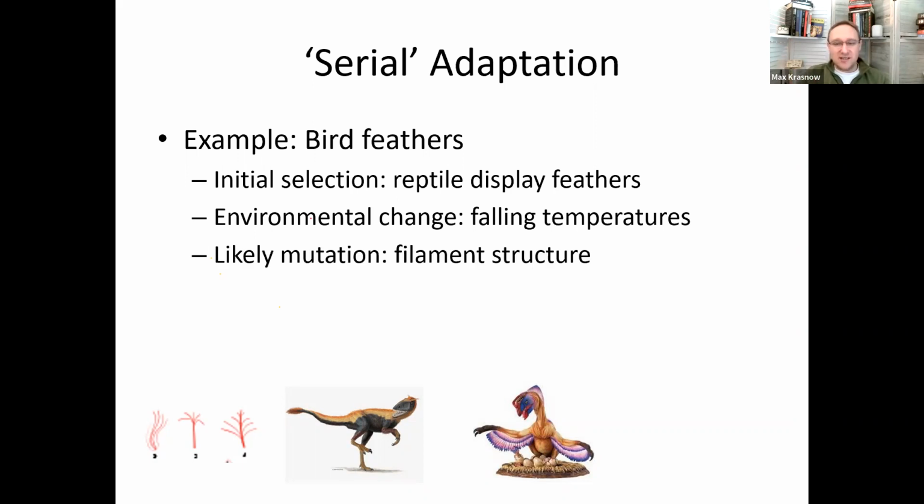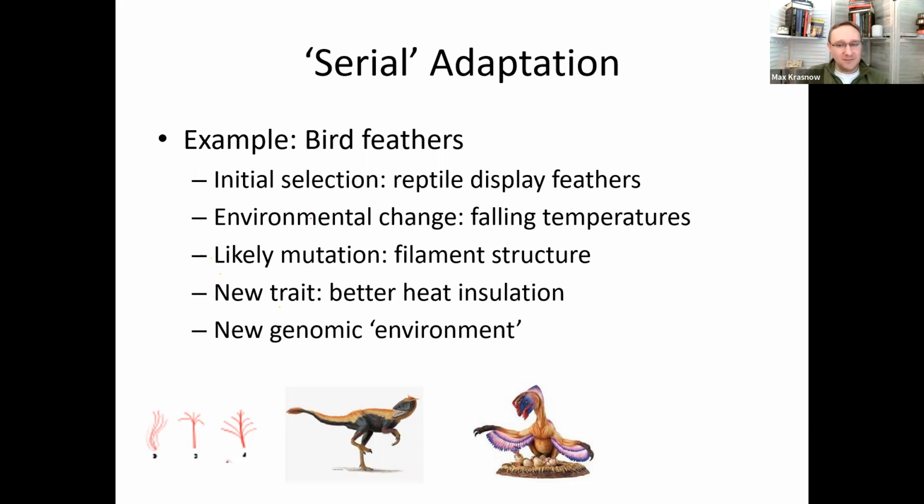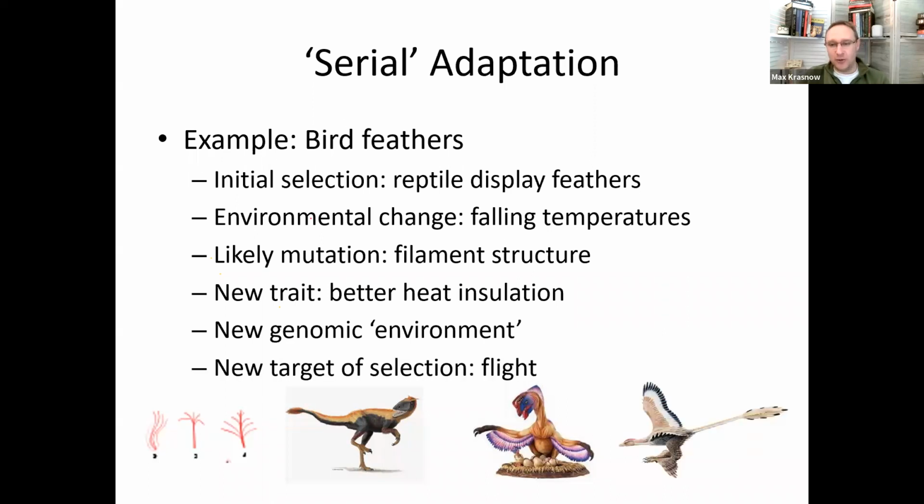Once those genes for filament structure that have been under selection for trapping heat are species typical, that presents a new genomic environment, because now new mutations that use that trapped air in an aerodynamic way, and that's all aerodynamics is, moving trapped air, means that simple changes to the shape could make them more likely to be able to help you move in a way that would enable flight.